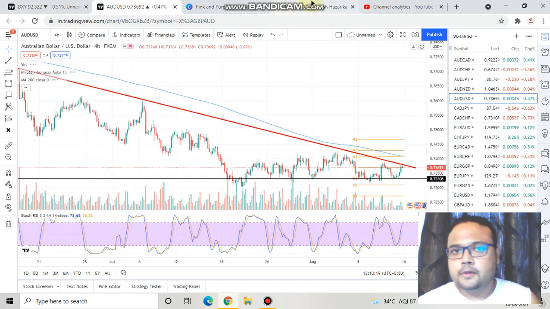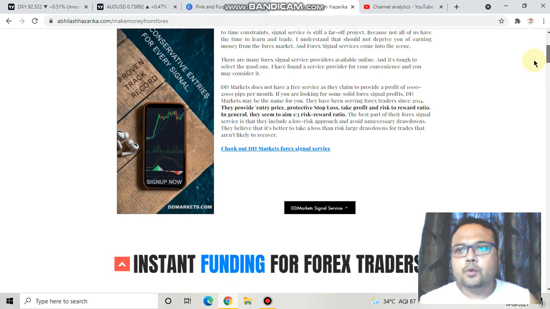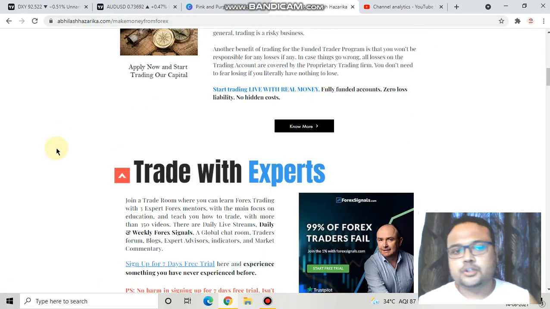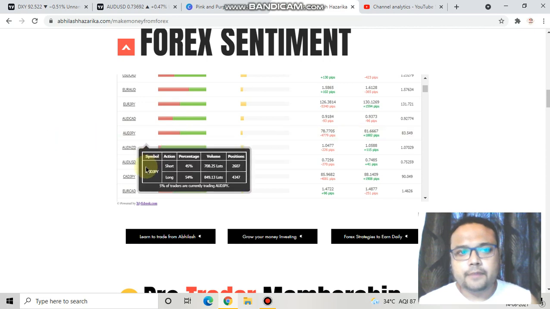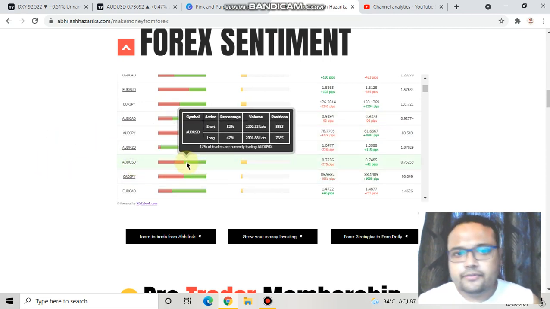If you go to the Forex sentiment meter here, you'll find it on my website avilashhazarika.com under the Forex 101 section. For the Forex sentiment meter AUD USD, you can see that 52% of traders have taken short positions and 47% of retail traders have taken long positions.